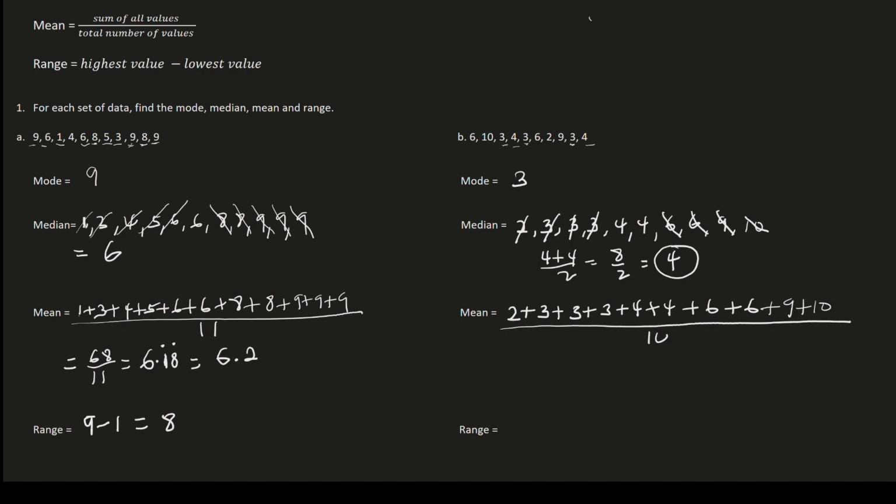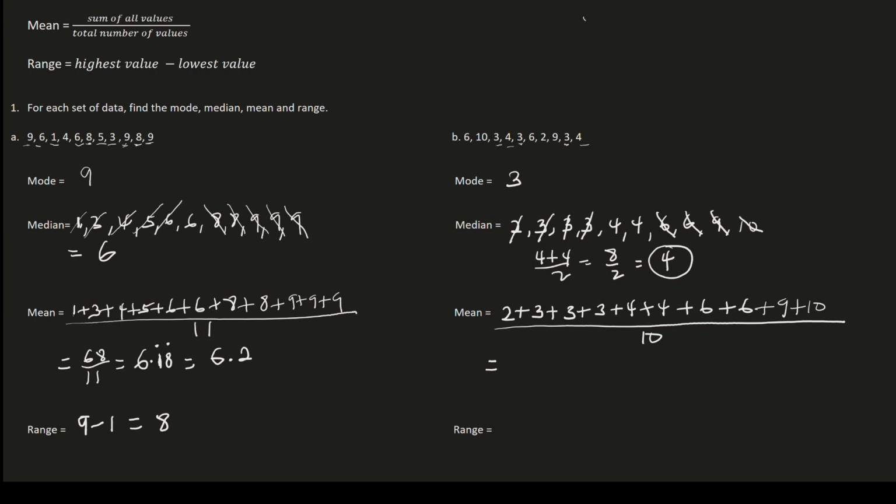So I have 10. All right, so adding everything at the top, I have 50. So it's 50 divided by 10, which gives me what? 5. So my mean here is 5.